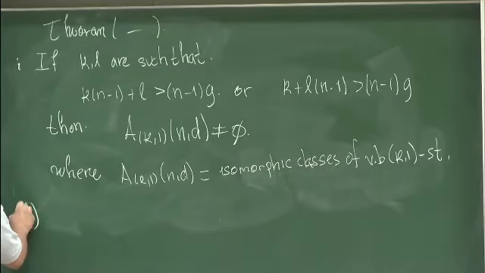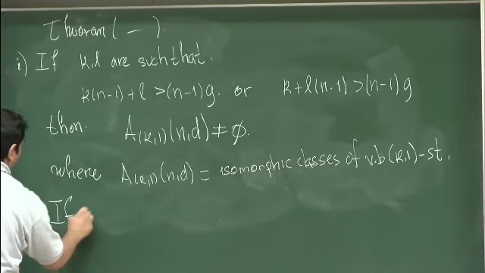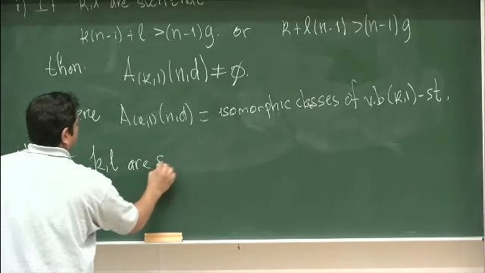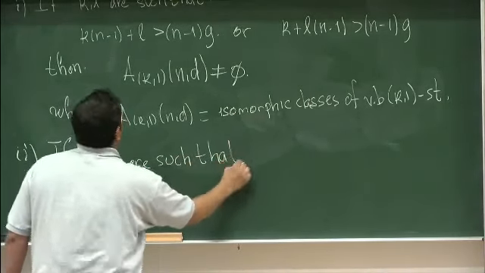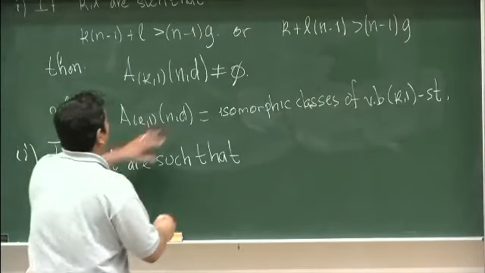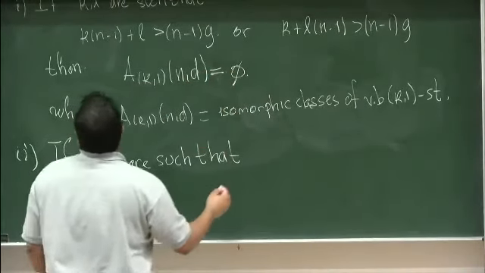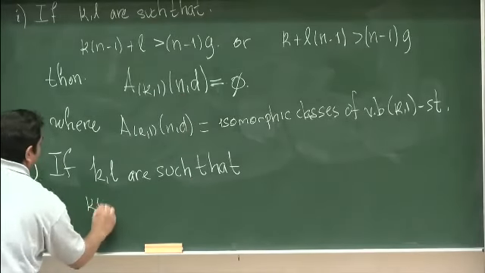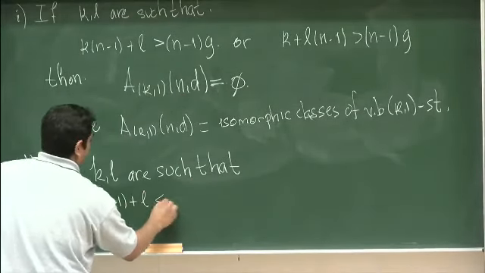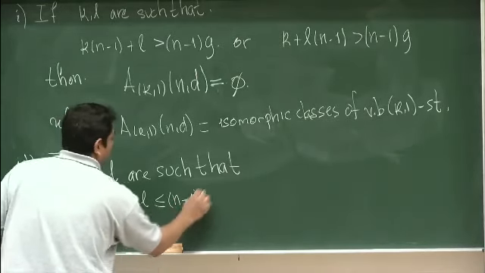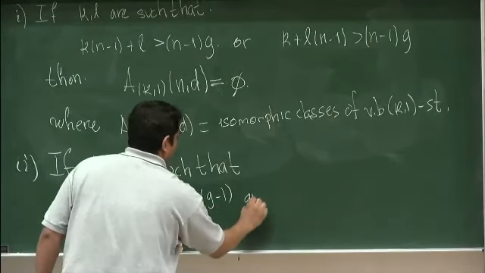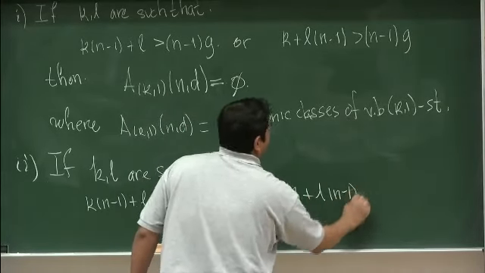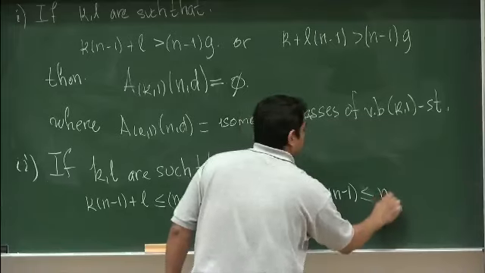In the second, if k and l are such that, the first one is empty? Or empty, I'm sorry, yes, thank you. Then such that k(n minus 1) plus l is less than or equal to (n minus 1)(g minus 1), and k plus n minus 1 less than.